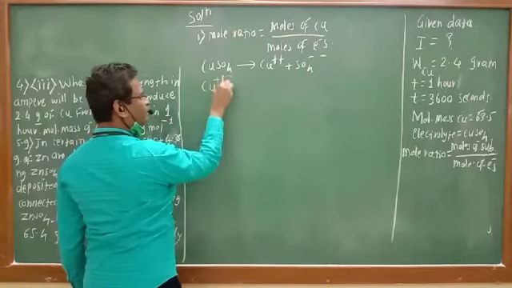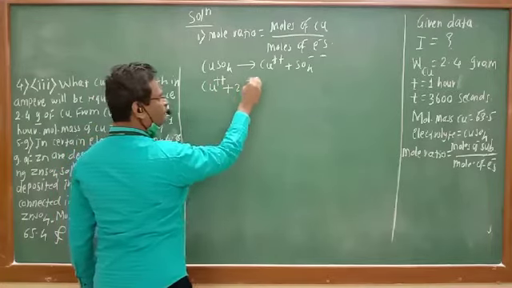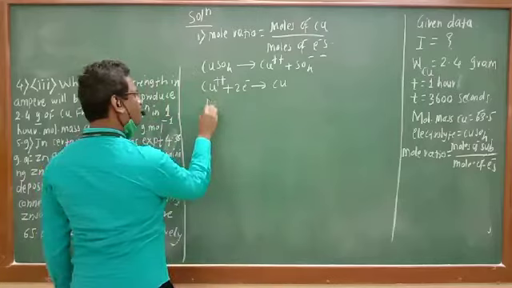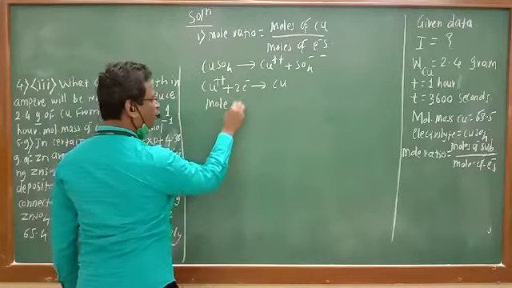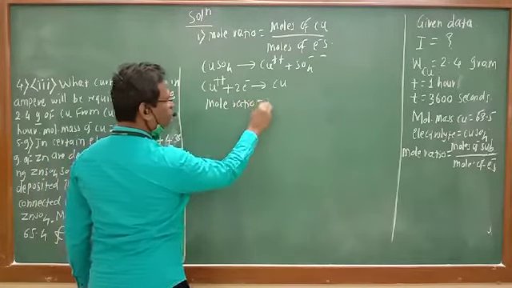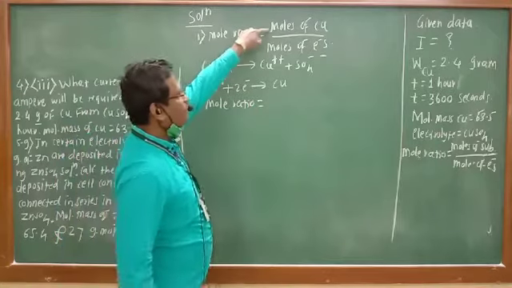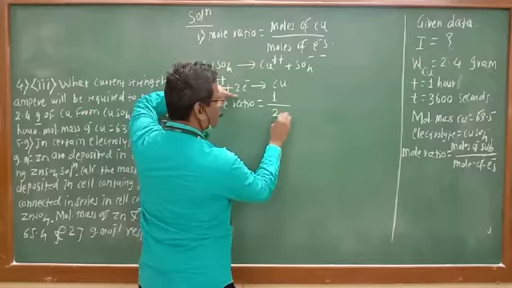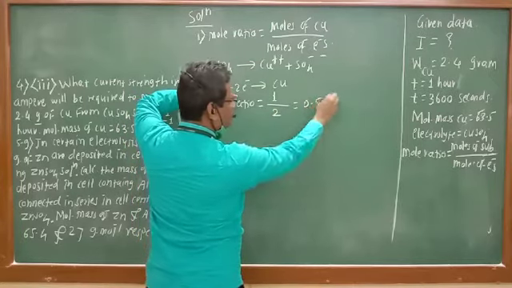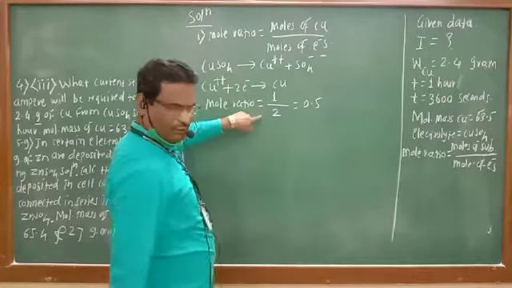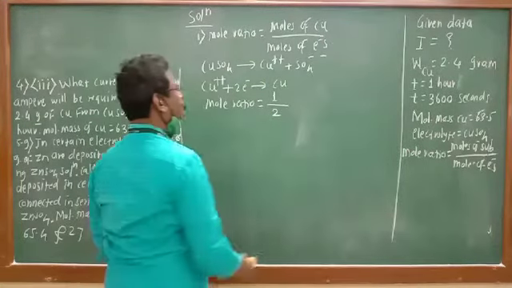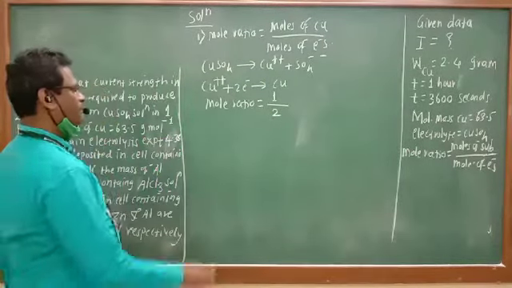For deposition, the reaction is Cu2+ plus 2 electrons giving copper. Therefore, the mole ratio is moles of copper 1 divided by moles of electron 2. So it is 0.5, or we can simply write 1/2 also. That is the mole ratio of electrons.